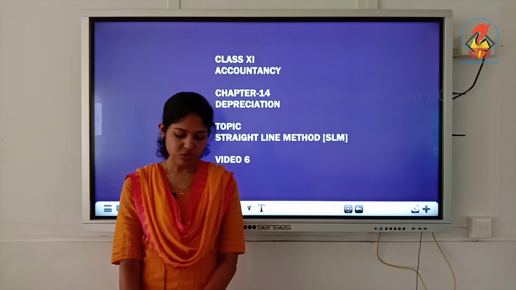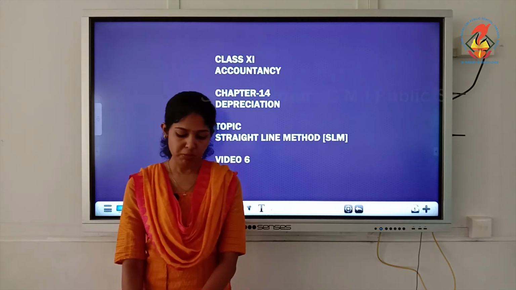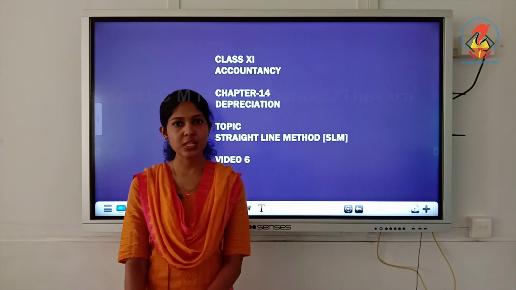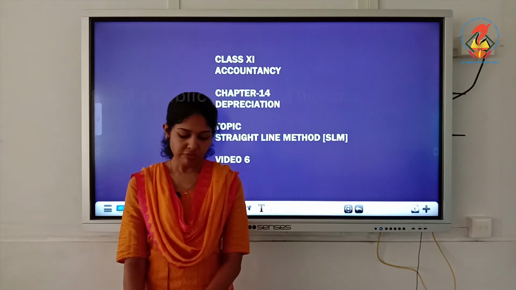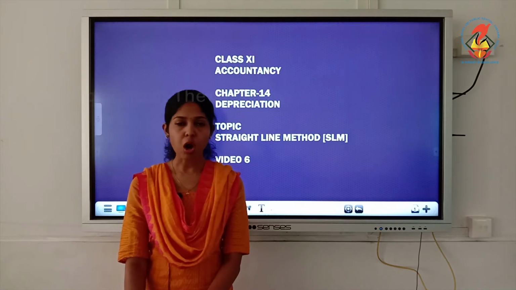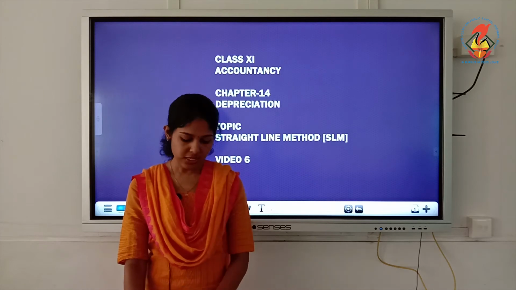Then further purchased on 1st January 2016 costing rupees 20,000, that is the additional purchase, and on 1st October 2016 costing rupees 10,000. On 1st April 2017, 1/3 became obsolete. Obsolescence means outdated. So only 1/3 is being sold.